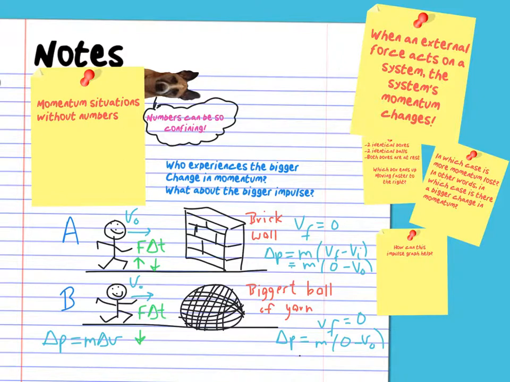Anytime you are stopped really quickly, it takes more force to stop you that quickly. Here, when you're hitting the ball of yarn, you are stopping, or person B is stopping, not you. Person B has a little more time to stop, a little more cushion. This is an important fact. We use it every day. The car industry uses it when it thinks of airbags.